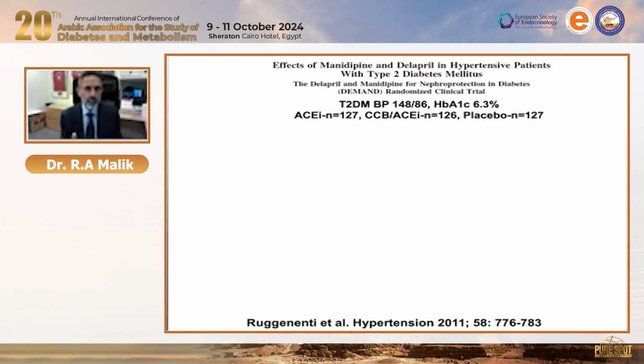And what they did is they randomized to either receive an ACE inhibitor, which was delapril, a combination of a calcium channel blocker and an ACE inhibitor, manidipine and delapril, or placebo.